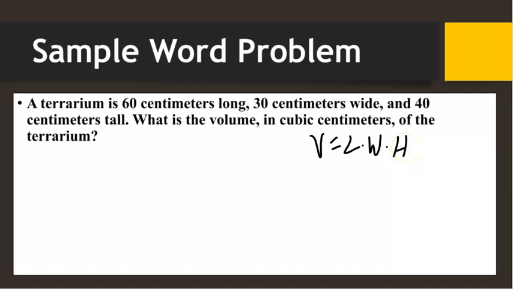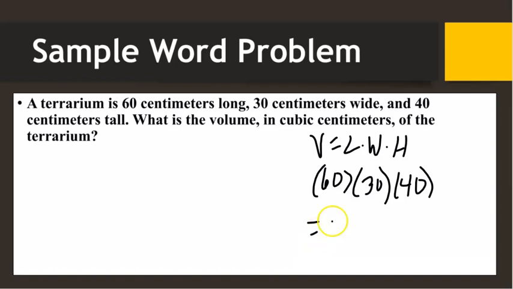So we have the length at 60, the width at 30, and the height at 40. I know that 3 times 4 is 12, and 12 times 6 would be 72. I have 3 zeros at the ends, so that's going to be 72,000 cubic centimeters. You could also just do it on your calculator, 60 times 30 times 40, and you would get the same answer.